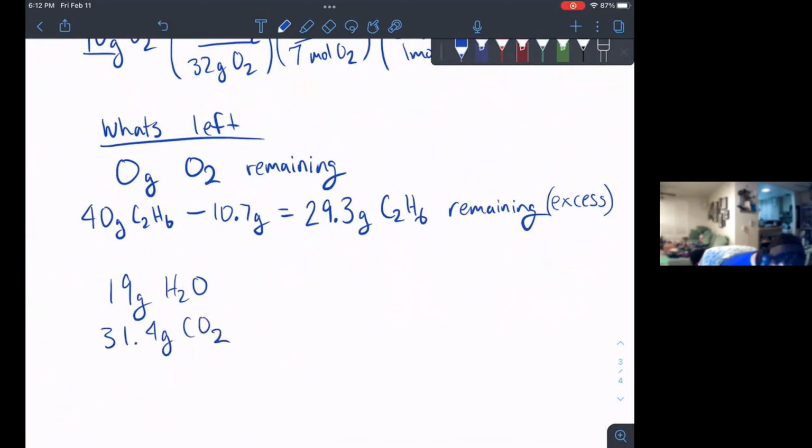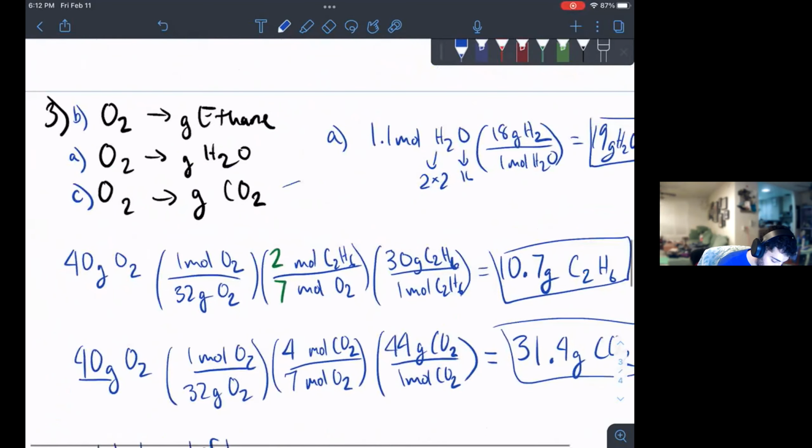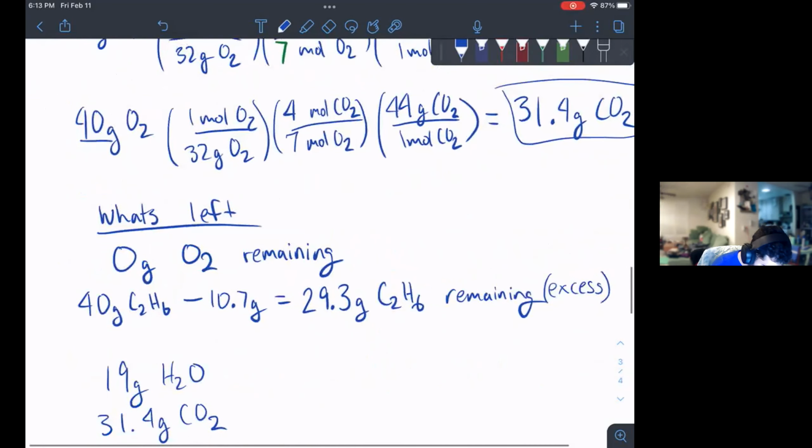Really quickly, I said I'd give you one final shortcut, that final shortcut for this one. Well, due to conservation of mass, what we put in is exactly the same as what we get out at the end.